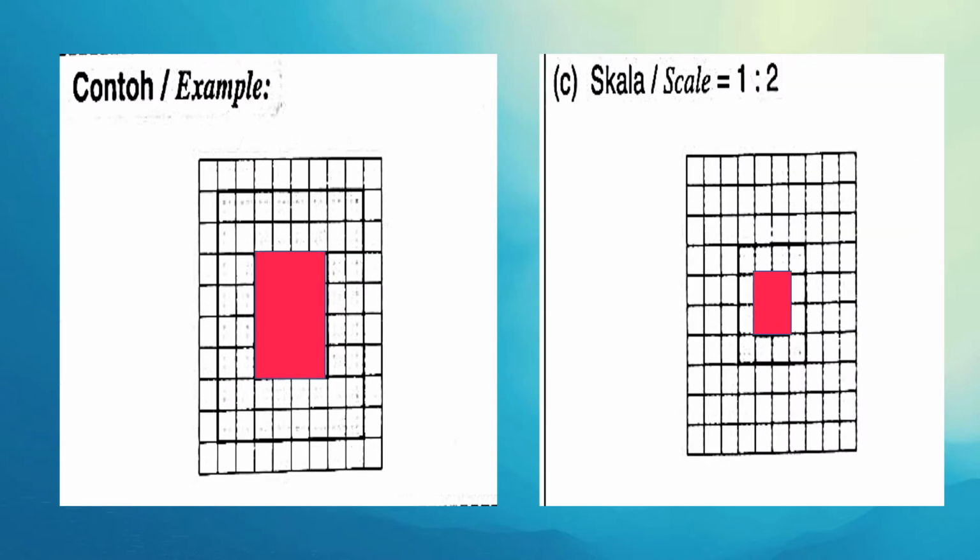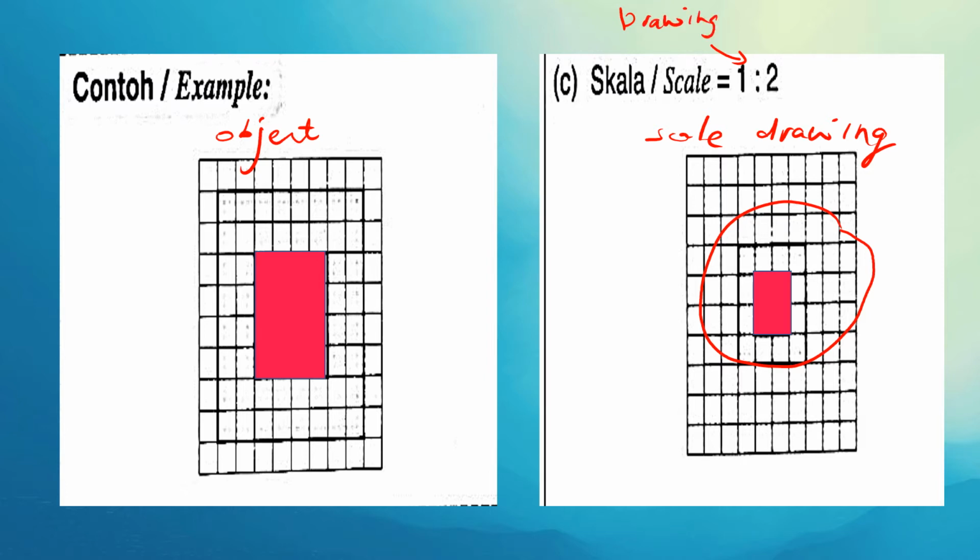Okay, for C, this is your object, and this is your scale drawing. It's drawn for you because this is the example, so they give you the answer already. But how to draw this scale drawing according to the scale given? Remember, the first number always refers to the drawing, the second number refers to the object.